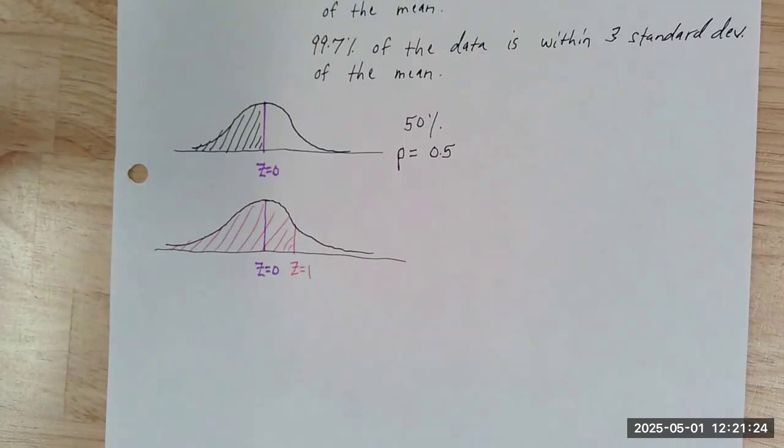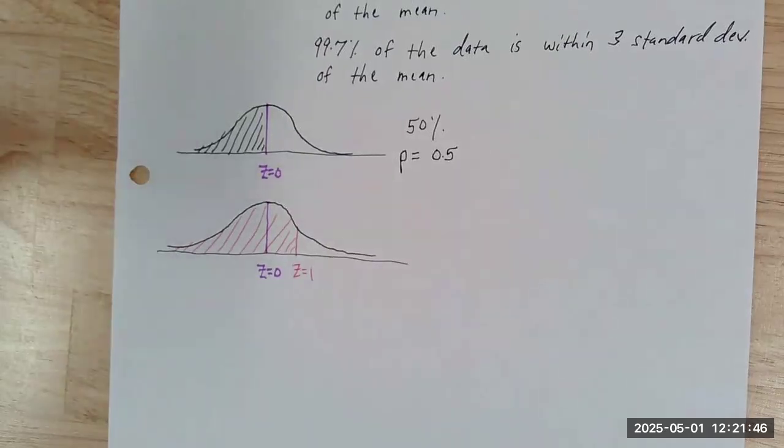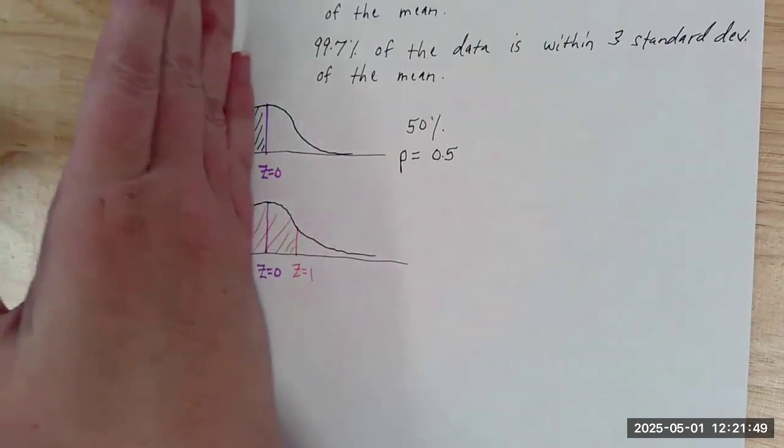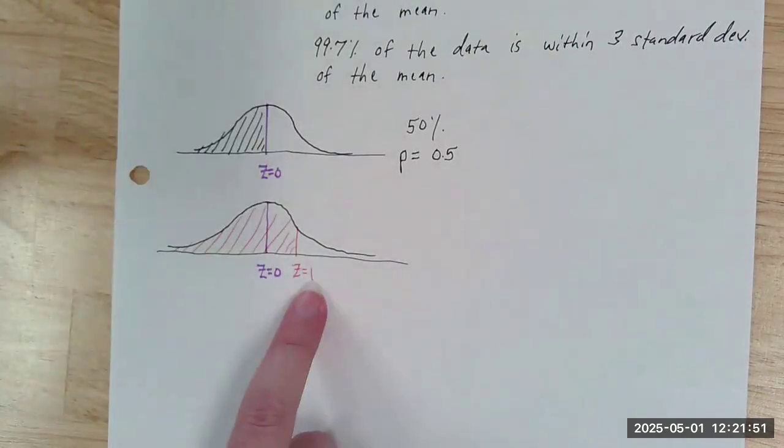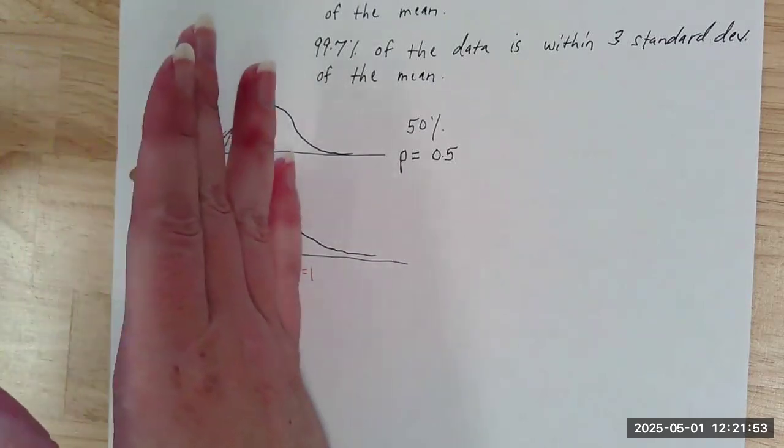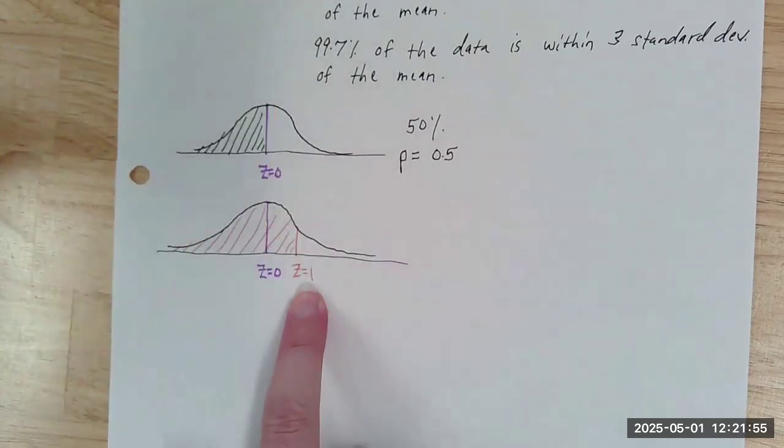The way the table works is it always starts on the left-hand side and fills in this direction. So if it's the probability for z is equal to 1, it's all the way from this tail to where z is equal to 1. So when we filled in to the 0, we started over here and filled into that line. If we're going to z is equal to 1, we start over here and fill all the way to the z is equal to 1 line.